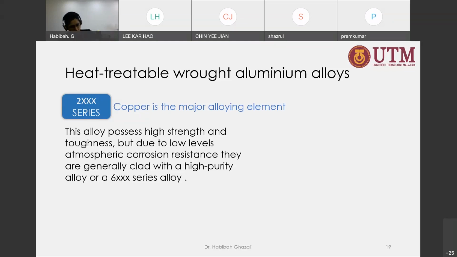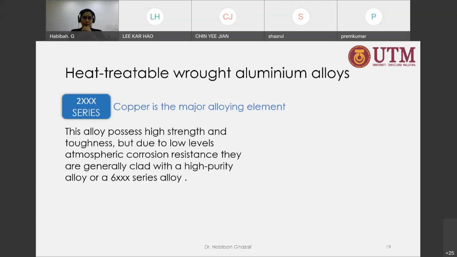So this I have asked you in the questions. When we add copper in aluminum, stress corrosion cracking can happen. So these materials are not good in corrosion resistance. It still can sustain corrosion, but only up to a certain percentage.